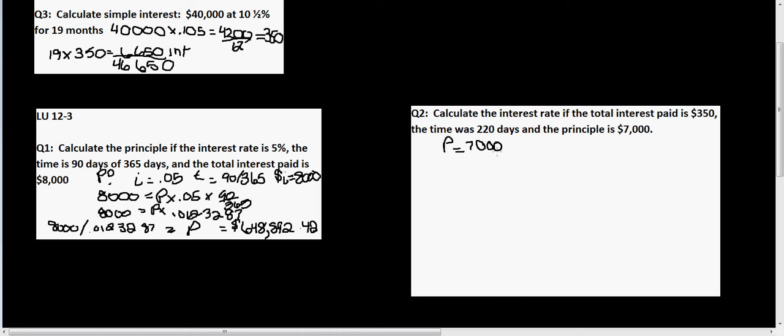The interest, we don't know what the interest rate is, but we do know the interest in dollars, the total dollars paid, is going to be $350. And we know that the time that we held this loan was 220 days of the year.